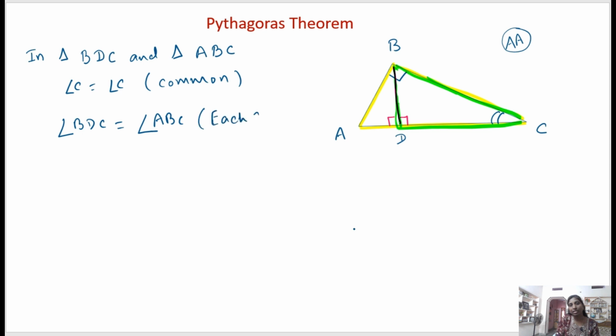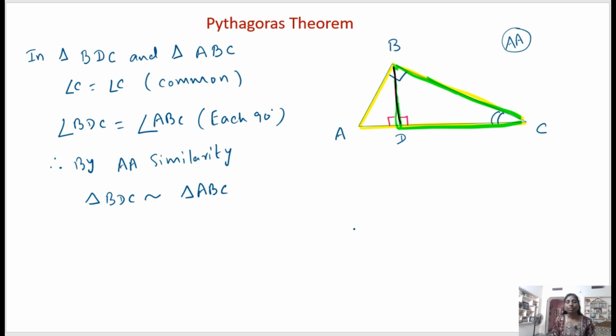Each 90 degree. Clear? So therefore by AA similarity, triangle BDC is similar to triangle ABC. Okay. So you know that in similar triangles the corresponding sides are proportional.